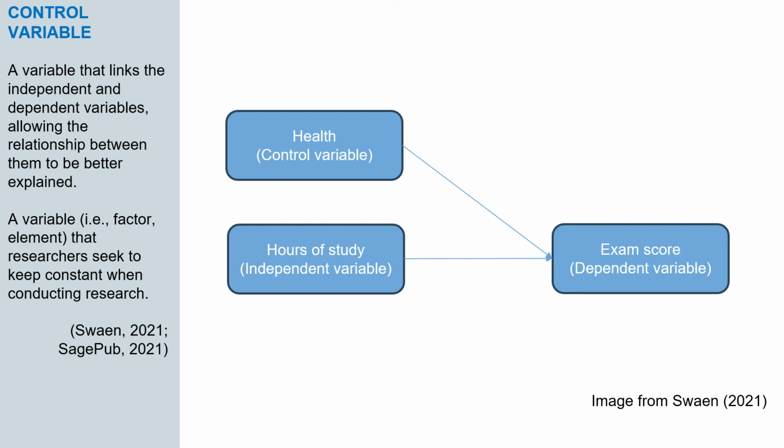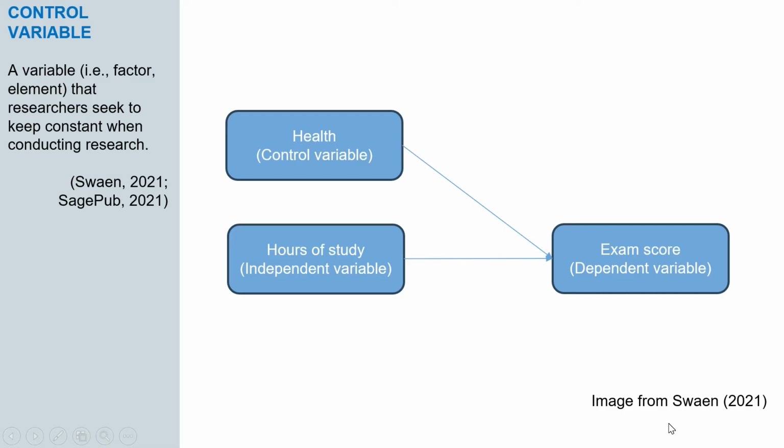Now, there is also what we call a control variable, and a control variable is a factor or an element that the researchers seek to keep constant when conducting a research. For example, initially we wanted to look at independent variable hours of study to the exam score, right? But would you also agree with me that the health of the examinee will also affect the exam score?